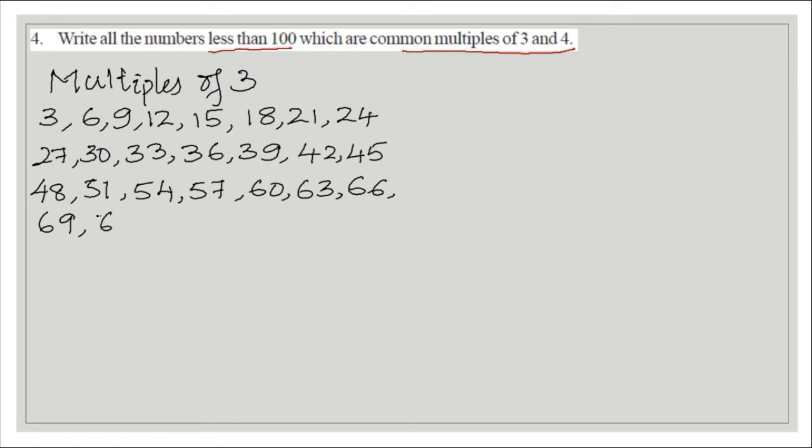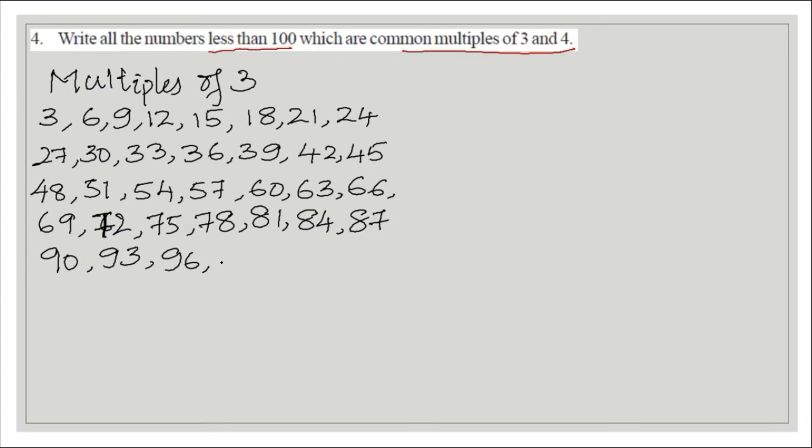Then we have 72, 75, 78, 81, 84, 87, 90, 93, 96, 99. These are the multiples of 3 which are less than 100.